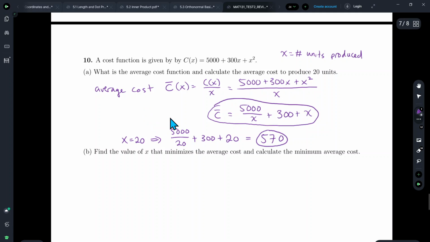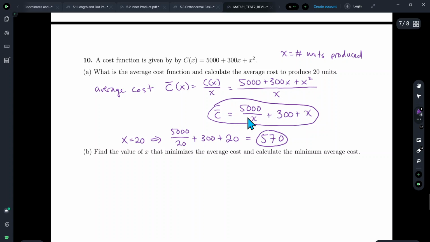Okay, so that's part A, and now part B asks us to minimize the average cost and then find the minimum average cost. Okay, so to minimize something, we need to find the critical points, right?